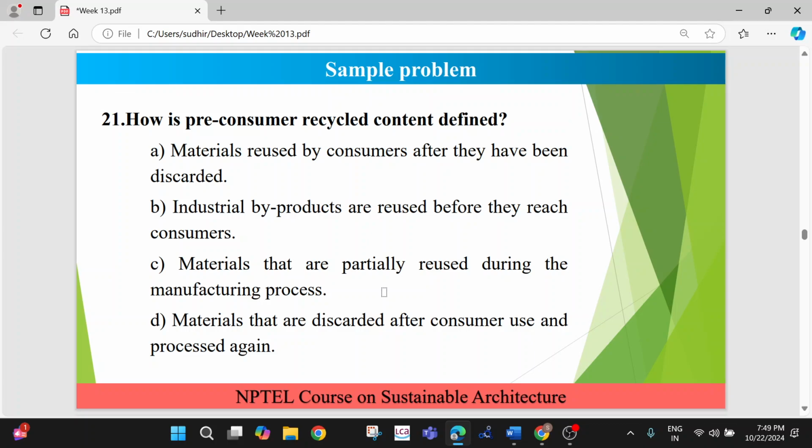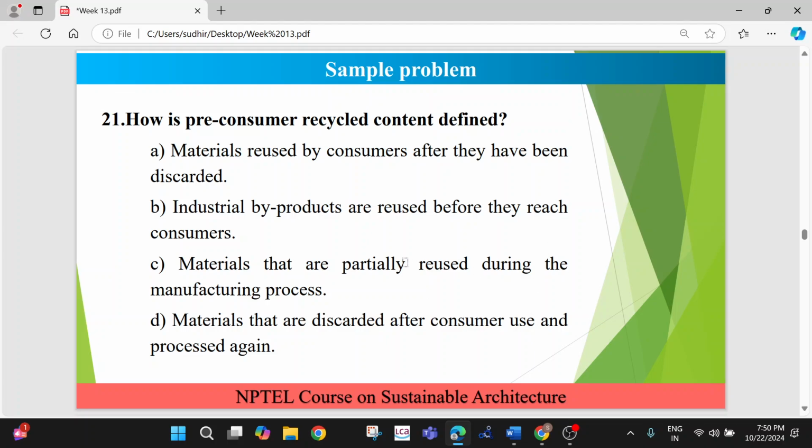This pre-consumer recycled content refers to byproducts like trim or sawdust or pellets that are reintegrated into the manufacturing process before the material reaches the customers, which is stated by option B. Before it reaches the customers, you are reusing the waste products or byproducts. Fine.